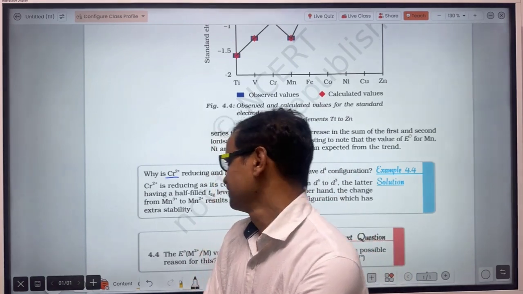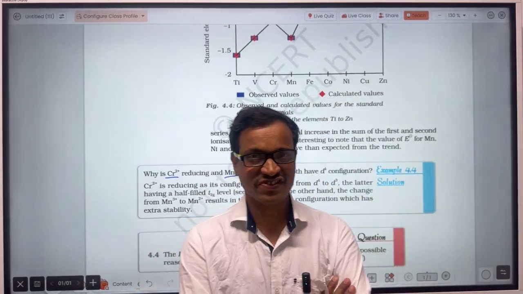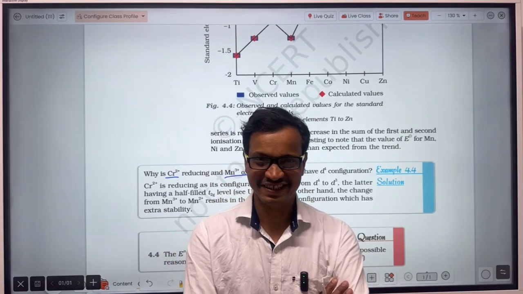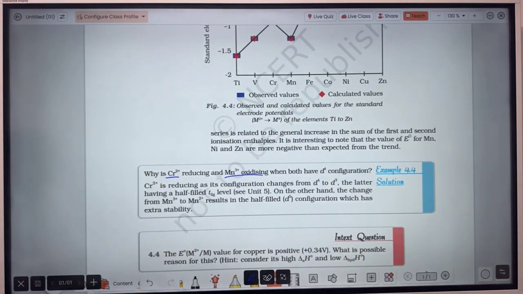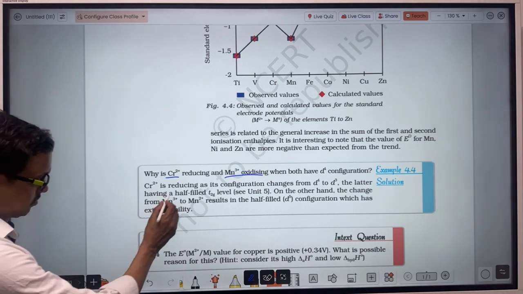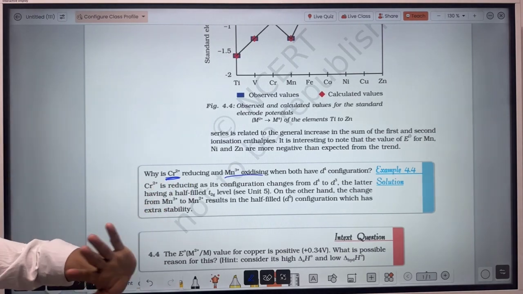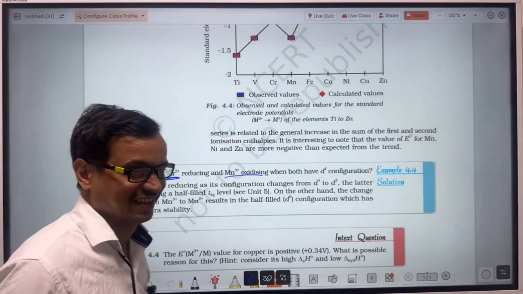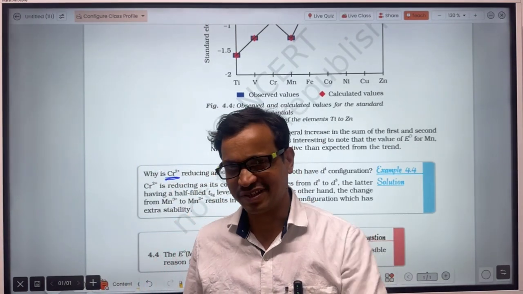That's why here we will firstly have to write the electronic configuration, and then think over that. So firstly write the electronic configuration of Cr2+, starting with the chromium electronic configuration. Chromium's atomic number is 24, and in this case I cannot do anything, you will have to mug up.